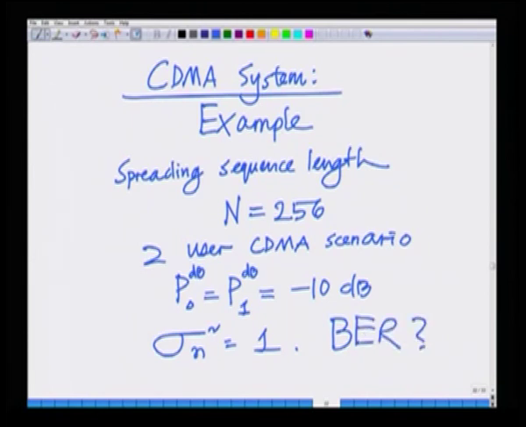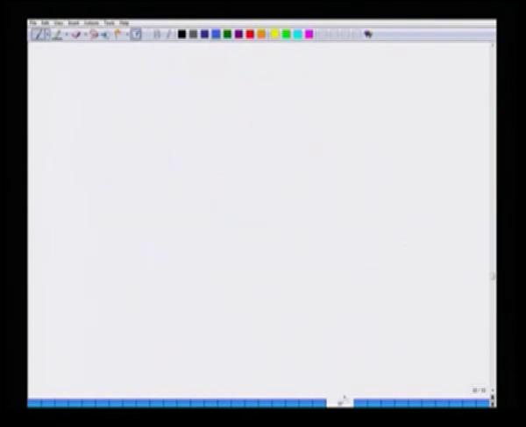I am going to consider a simple CDMA system with 2 users, spreading sequence length n equals 256. The powers of the 2 users are minus 10 dB, sigma n square equals 1. What is the bit error rate? First thing I am going to do is convert these powers from dB into linear. We know 10 log to the base 10 of power equals power in dB, which is given as minus 10 dB.